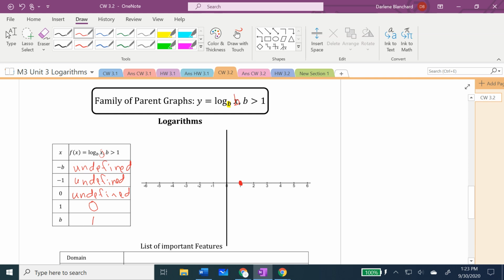Whatever b happens to be, let's say it's here. Oh wait, hold on. I just did that wrong. My apologies. Let me start that again. B is the input. So wherever B happens to lie, you're going to get a y value of 1 out of that B. These are the 2 points that I want you to plot every time you have a parent logarithm graph.